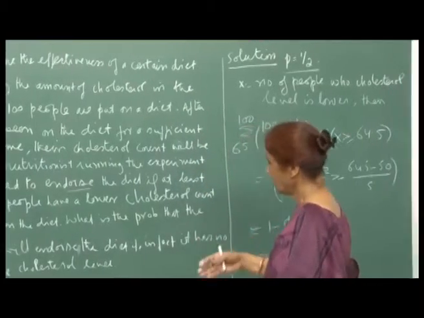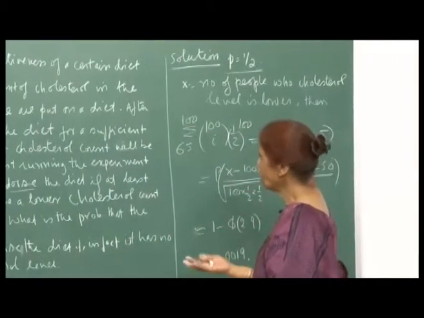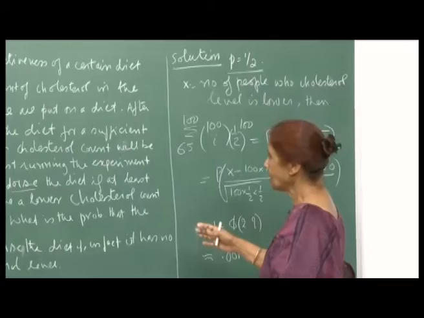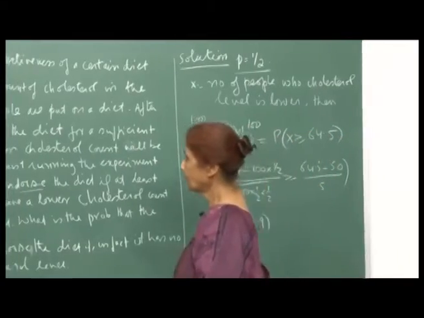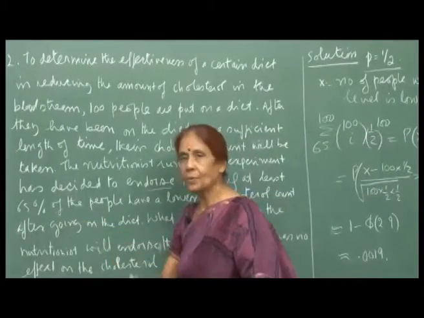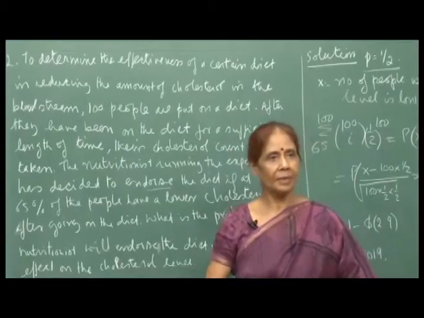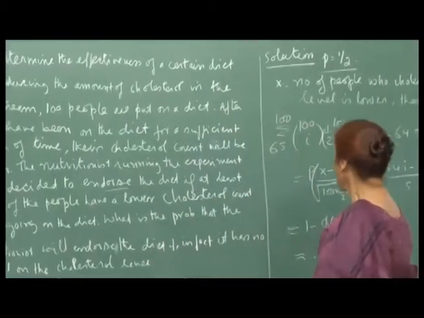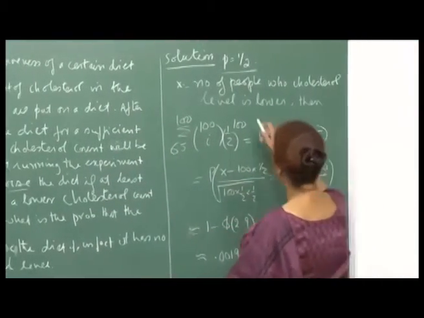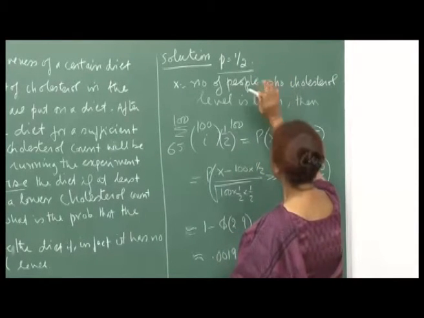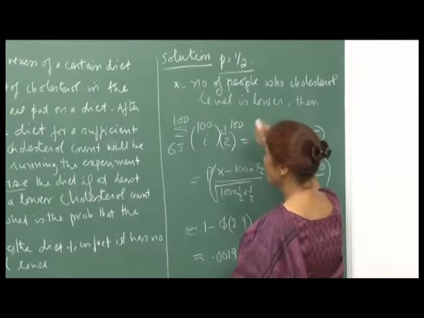But since the count is going to be taken after the trial period, if it turns out that 65% of the people have lowered their count, then the diet will be endorsed. So, we will work with p equal to half. I hope it is clear. What we are assuming is that the chance of the count going up or down is equally likely.